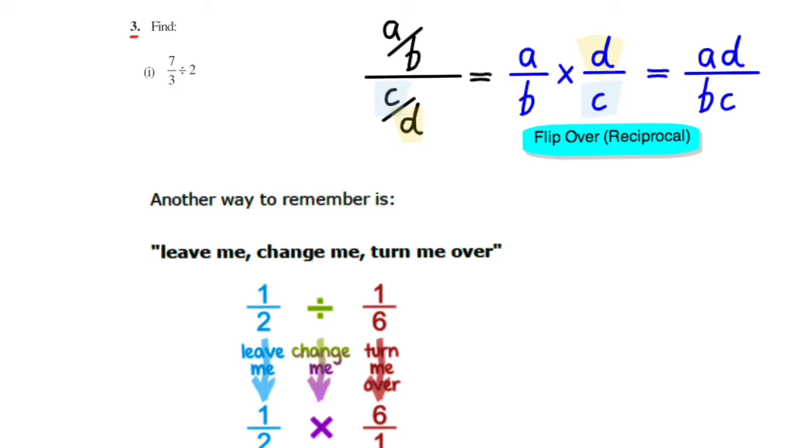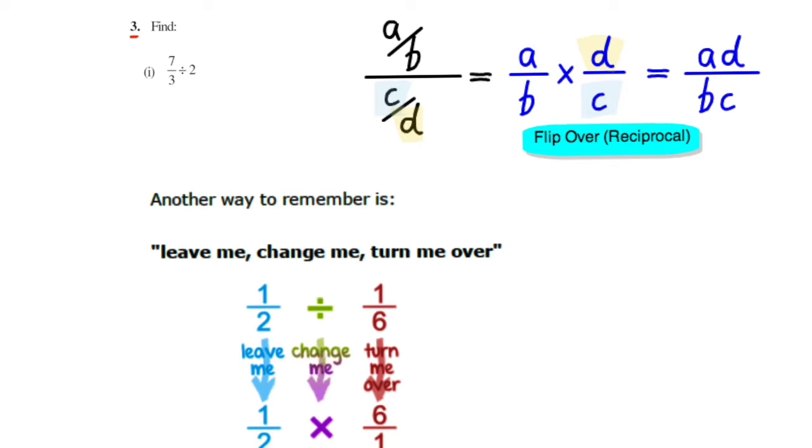As you can easily see in the picture, if A over B is divided by C over D, we will just flip the denominator part so it becomes D over C, and also change the sign as we are taking the reciprocal, and then simply do the simplification of the part. Clear?